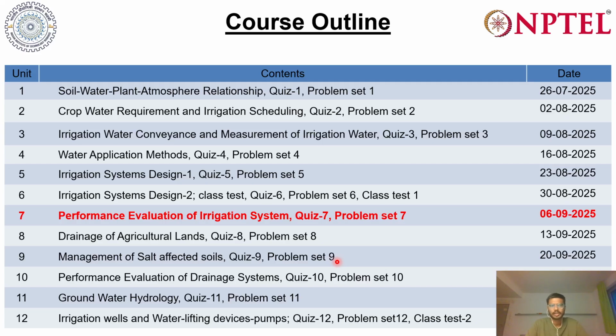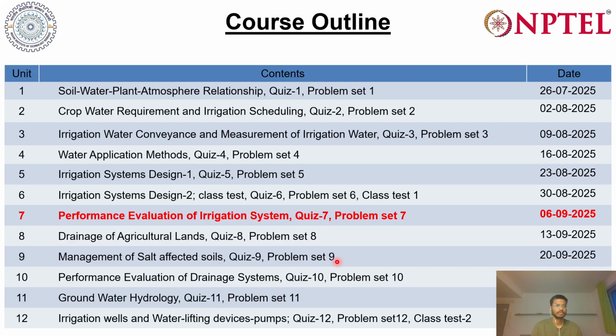So we are at week number 7. Till now, we have covered the basics of soil-water-plant relationship. Then we focused on water requirement by crops, water requirement by soil, and total water requirement, or irrigation water requirement.